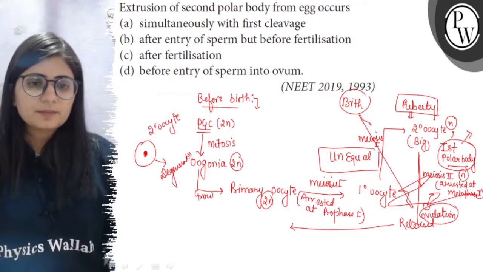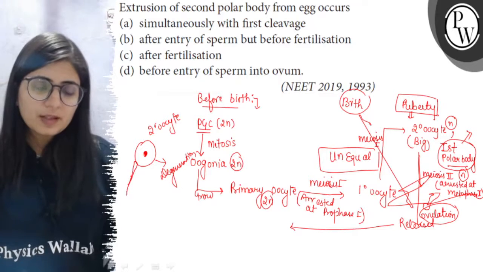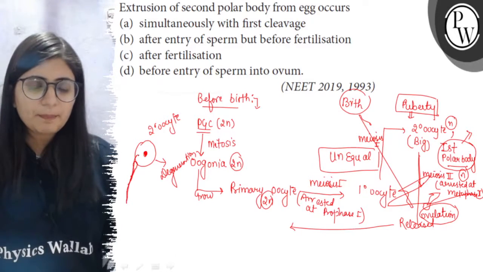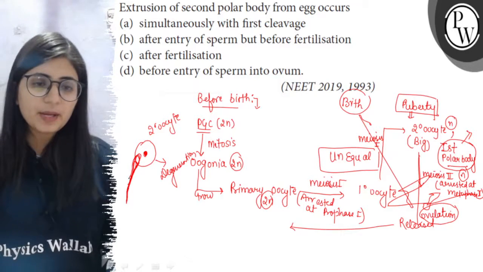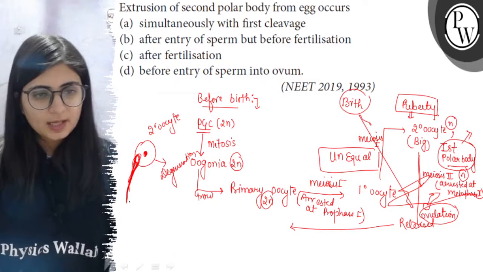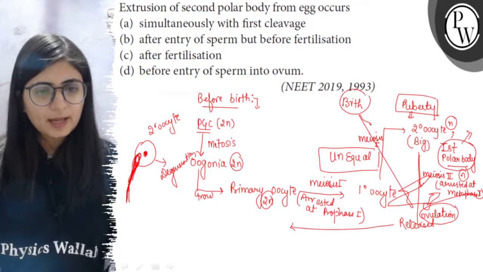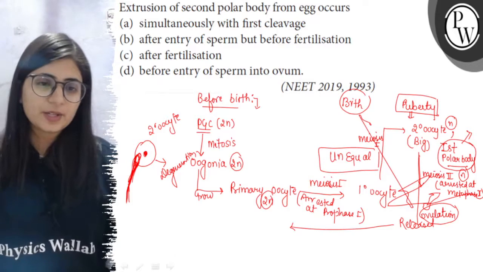But if it is fused with a sperm, the sperm will penetrate the egg by dissolving its membranes, the corona radiata and zona pellucida respectively.